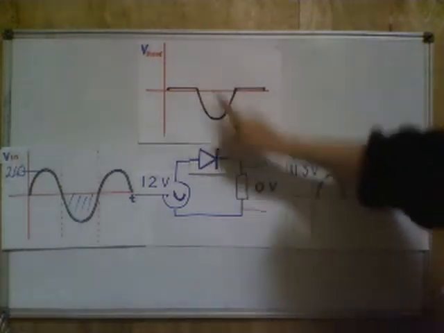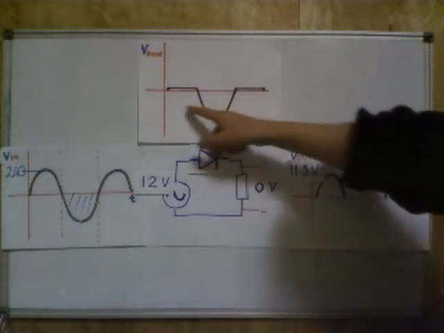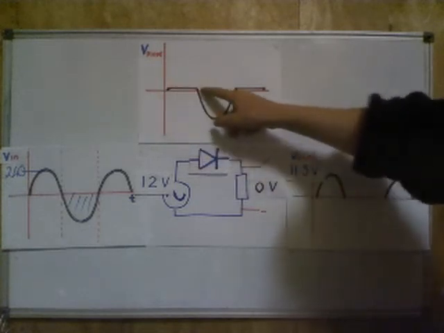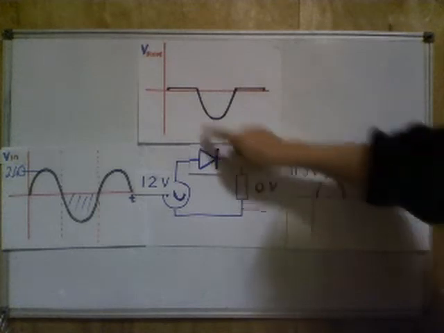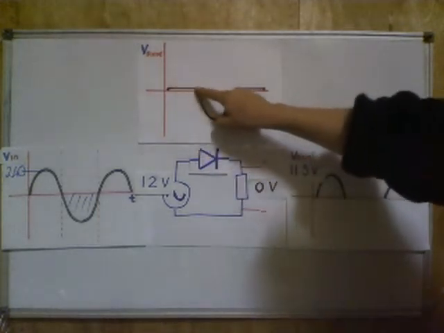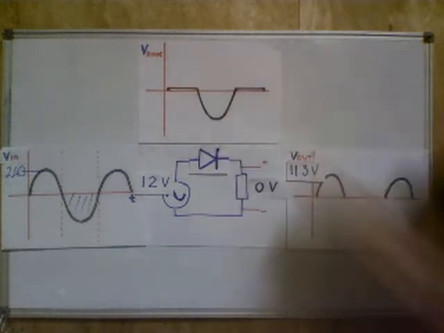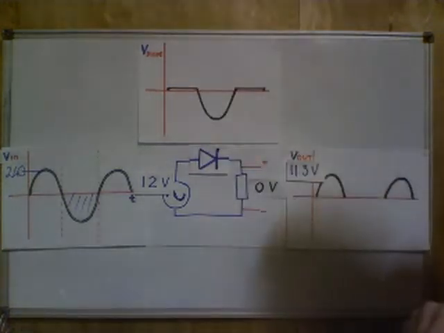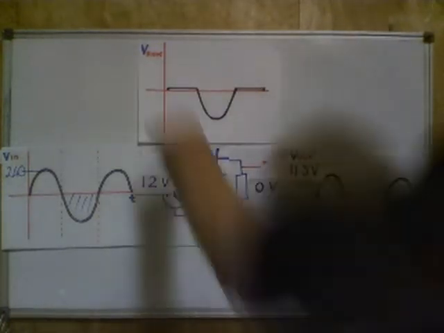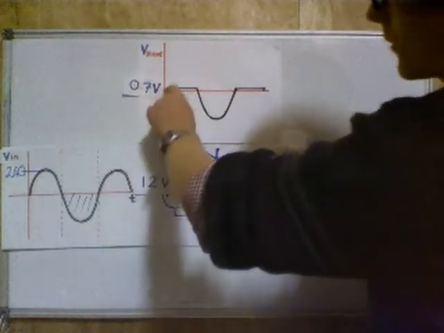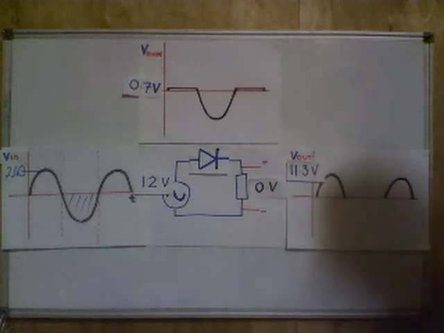There's going to be the rest of the voltage drop across here. And if we have a positive voltage across here that is less than 0.7 volts, that's still less than the switch on or forward bias voltage of the diode. So we have a maximum voltage here of 0.7 volts. It takes up to 0.7 volts before that diode will start to conduct current.